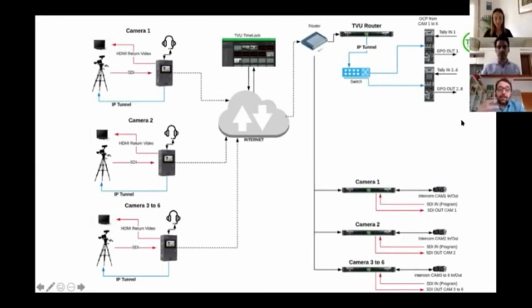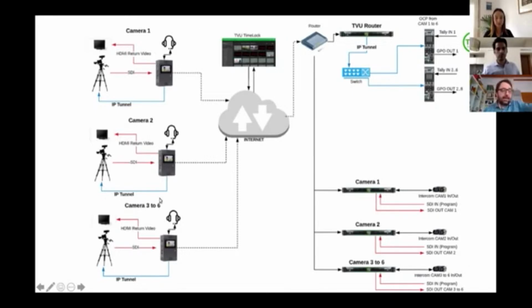Yeah, that diagram is the global explanation of what was said. You would have up to 6 cameras on the field. Each camera has its SDI output to the transmitter. It has the return video to one monitor. It would have the bidirectional intercom and the IP tunnel. The HDMI, SDI, and the intercom go directly from one transmitter to one receiver. And the IP tunnel would go to the camera control.